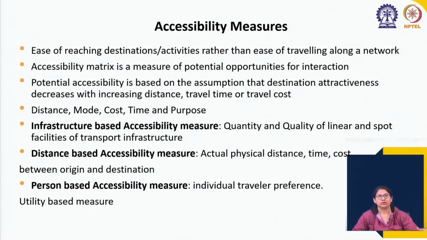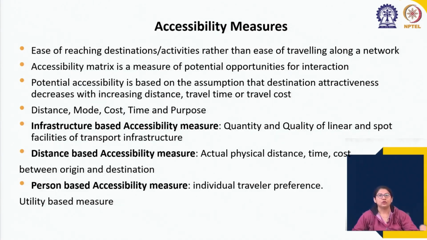So, we are mostly talking about the distribution and density of certain facilities as well as their coverage. Next, we have the distance based accessibility measure, where the actual physical distance between origin and destination is taken into consideration.